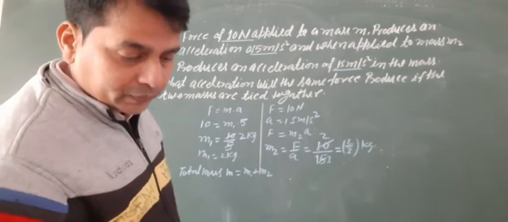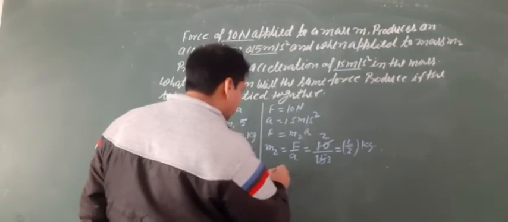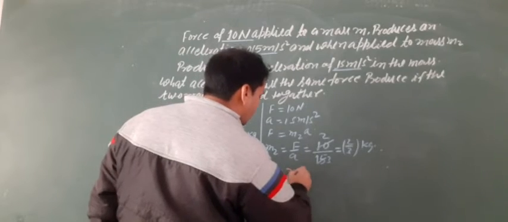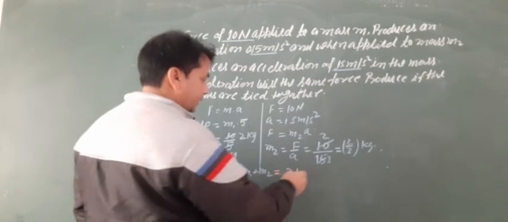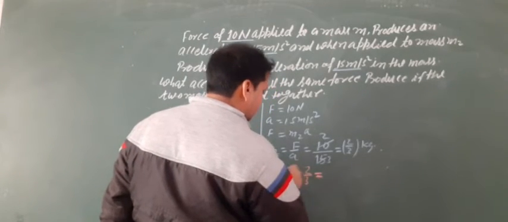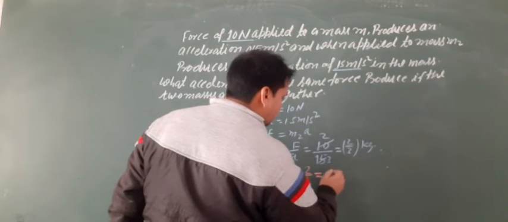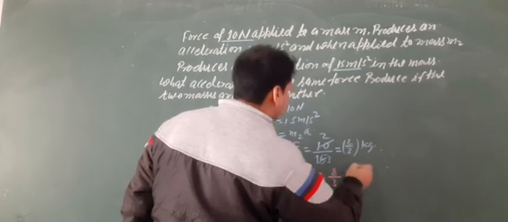Then the value of m1 equals 2 and the value of m2 is 2 by 3. So we can write here 8 by 3 kg.